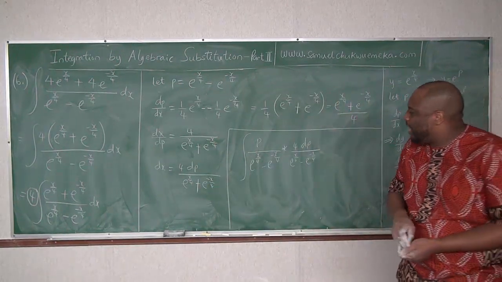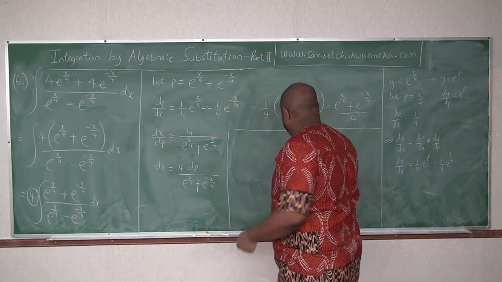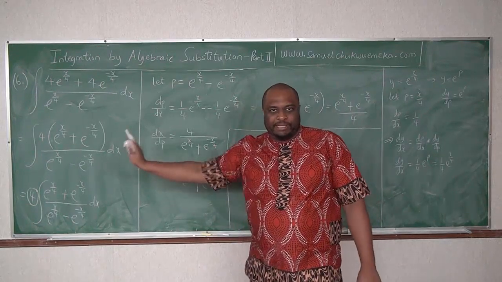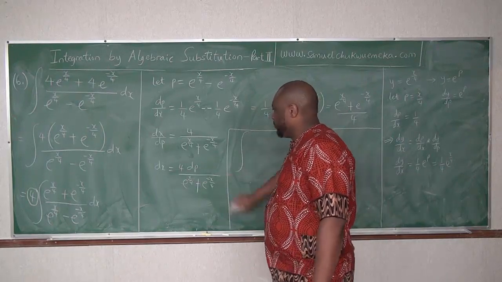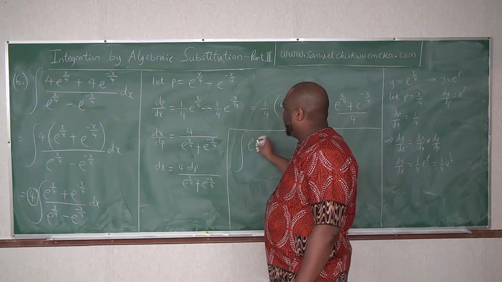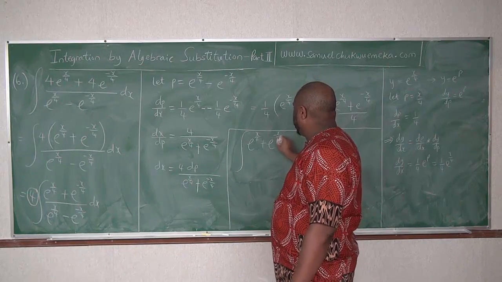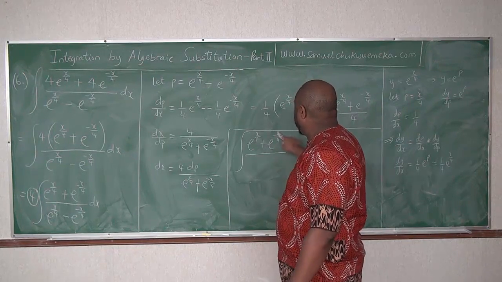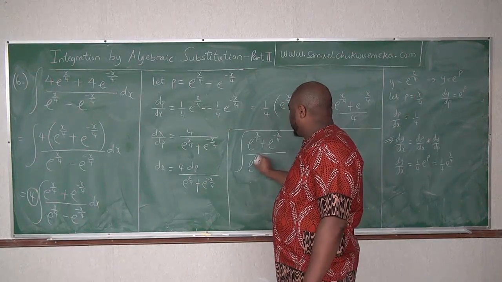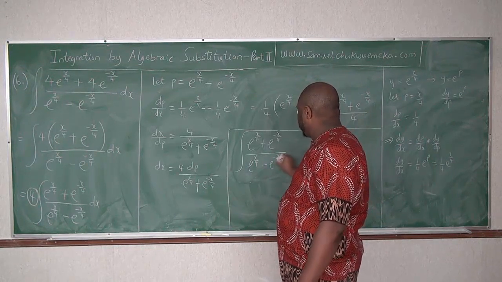The x. Now we can substitute. The 4 is still there. Let me write it again: e exponent x over 4 plus e exponent negative x over 4, all over e exponent x over 4 minus e exponent negative x over 4.